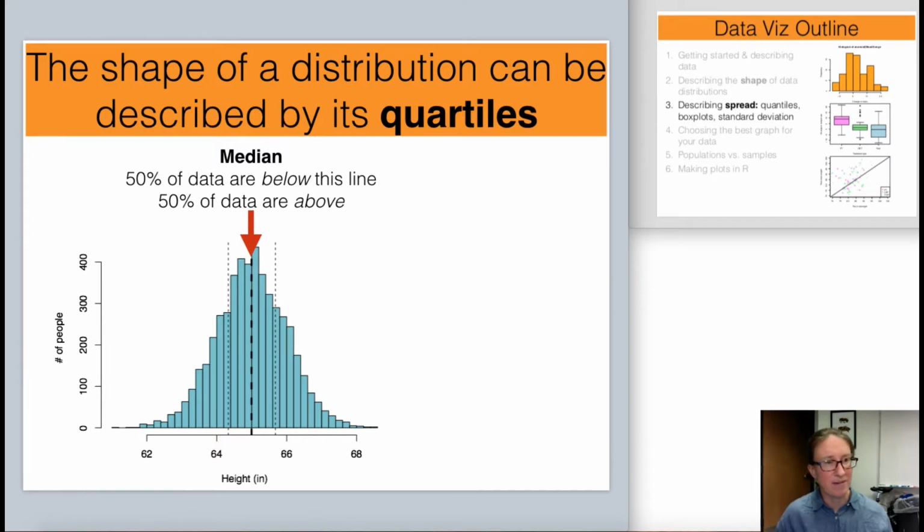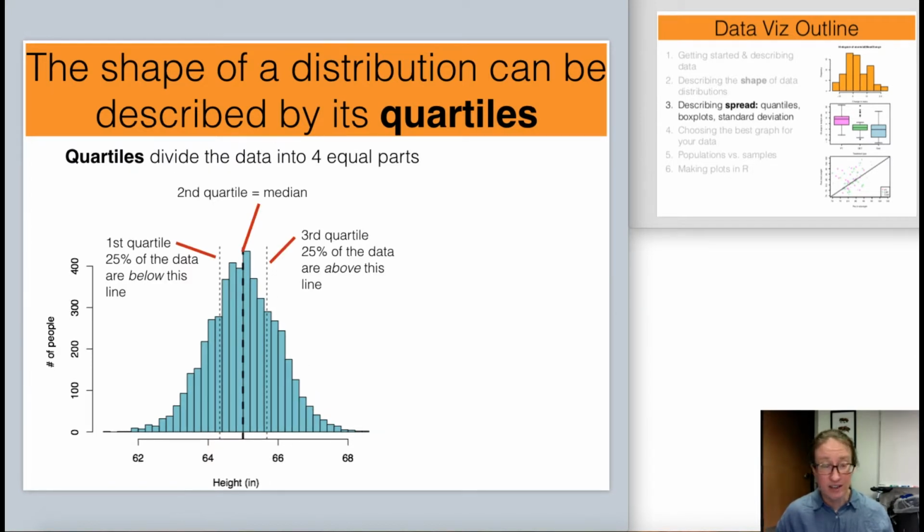So what do I mean by that? So quartiles will divide the data, kind of along the lines the median does, instead of into 2 equal parts, into 4 equal parts. So over here to the left of the median, we've got 2 quartiles. So the furthest left, the first quartile, contains a quarter of the data.